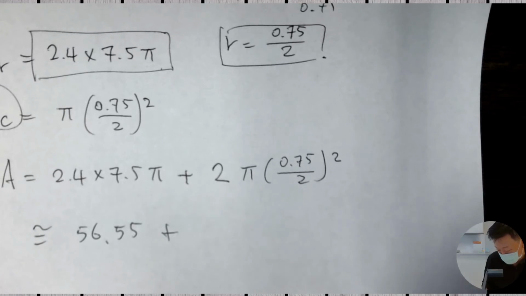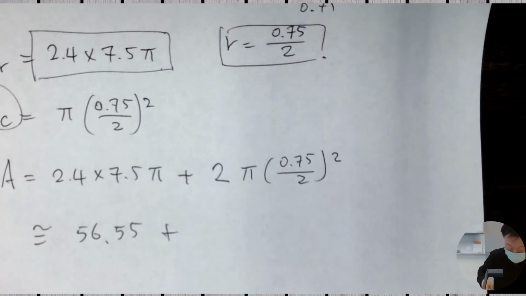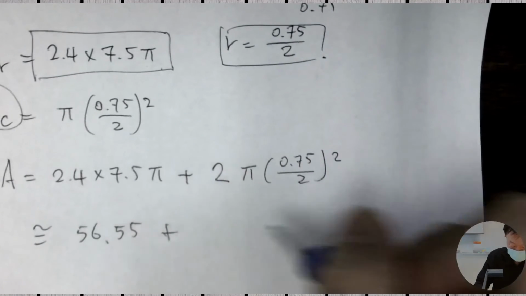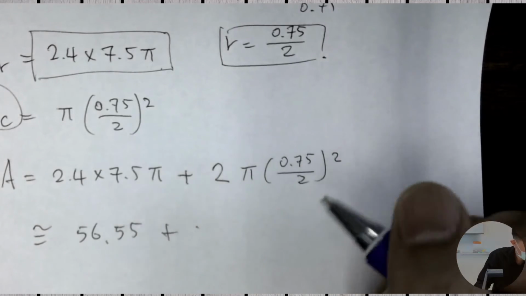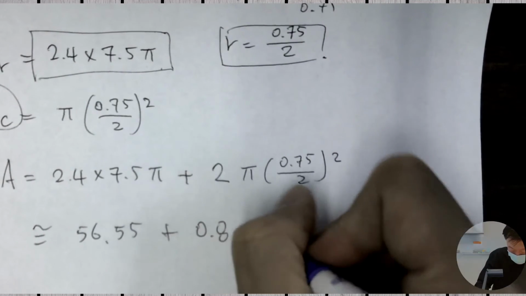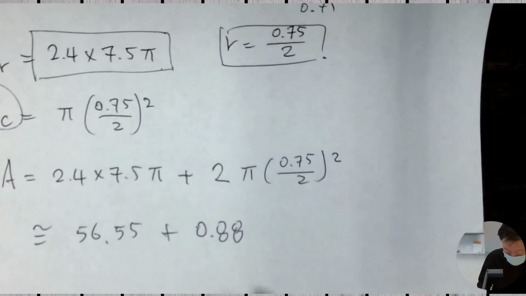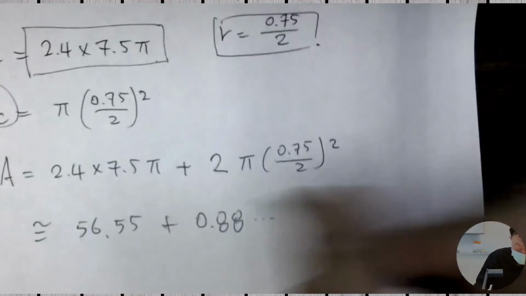Oh yeah, I have a square key here. Enter. Times by 2 times by pi. What is the number that you get? Is it 0.88? Did you get 0.88? So it's 0.8835 something. Okay.